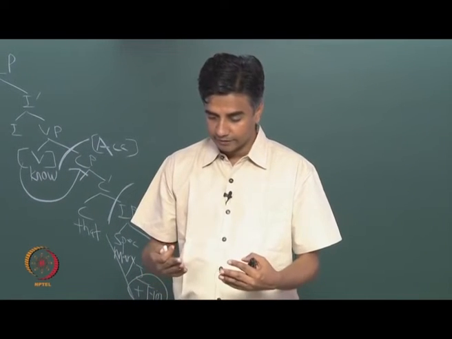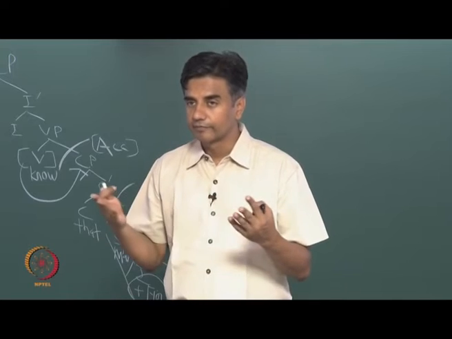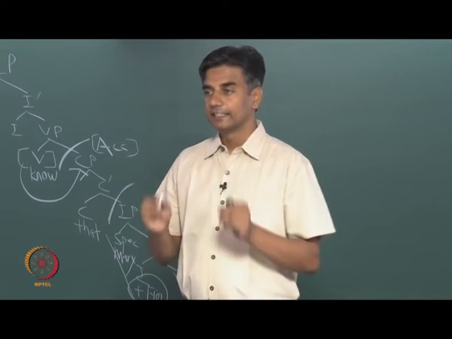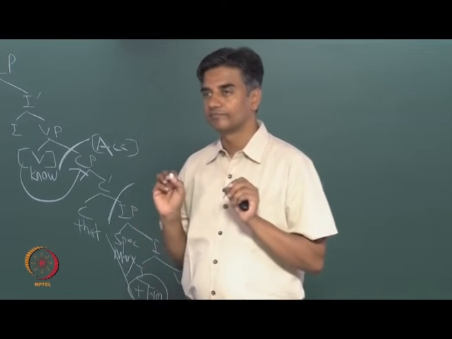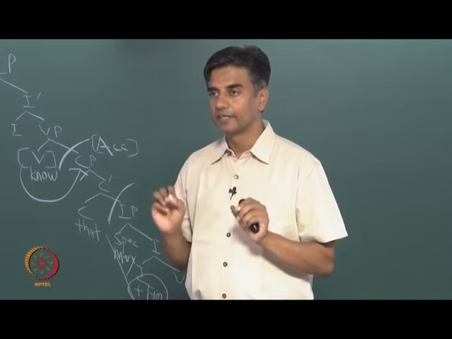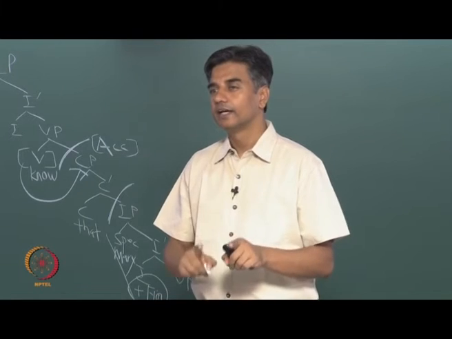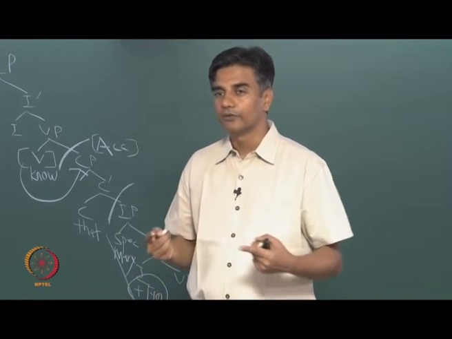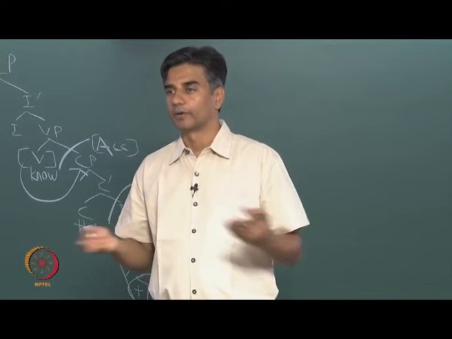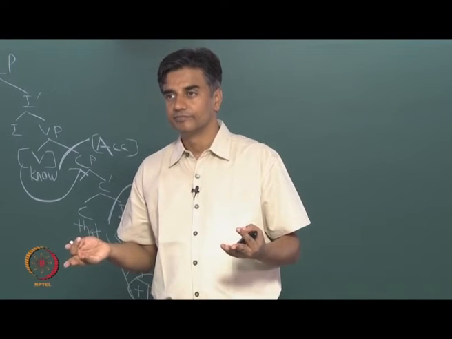with clarity that maximal projection IP could be a barrier, right? But because this IP is a non-finite IP, we can allow that non-finite IPs are probably not barriers. Okay?